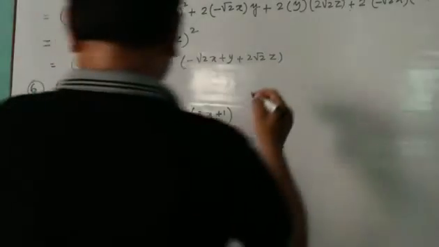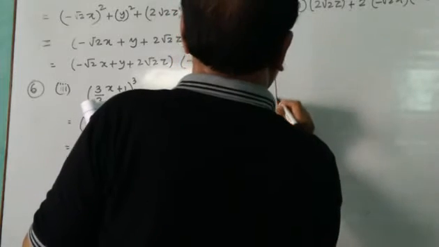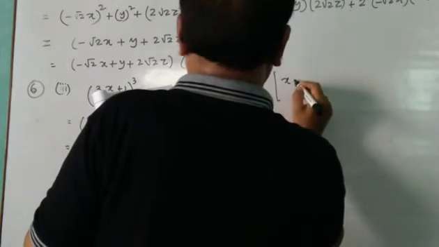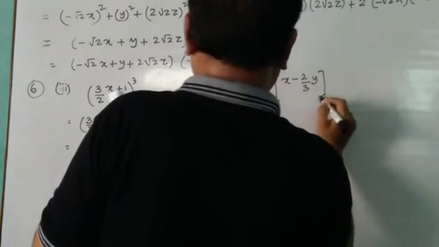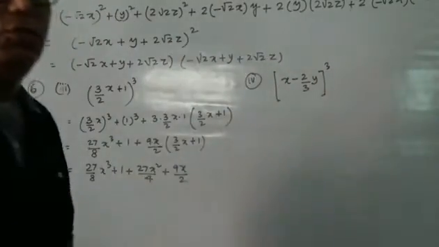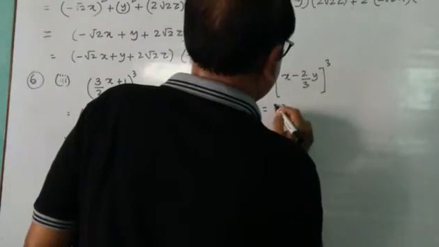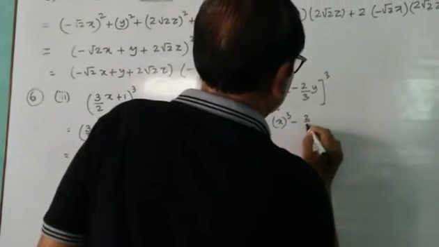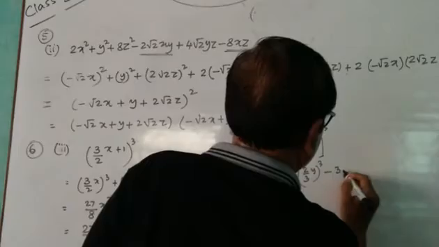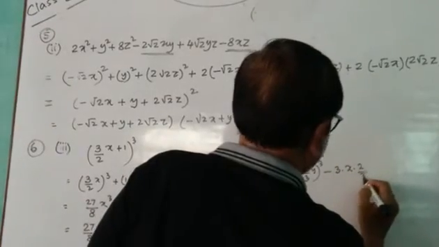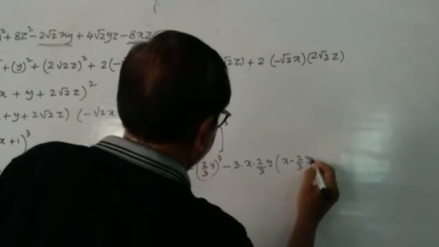One more question I can explain in order to make you understand. I hope you have understood the things. (x - 2/3 y) whole cube, that is (a - b) whole cube, and its formula is simply a cube minus (2/3 y) whole cube minus 3 into x into 2/3 y into (x - 2/3 y).